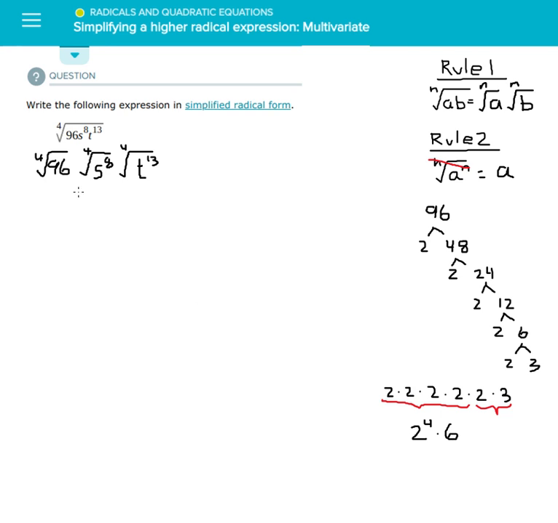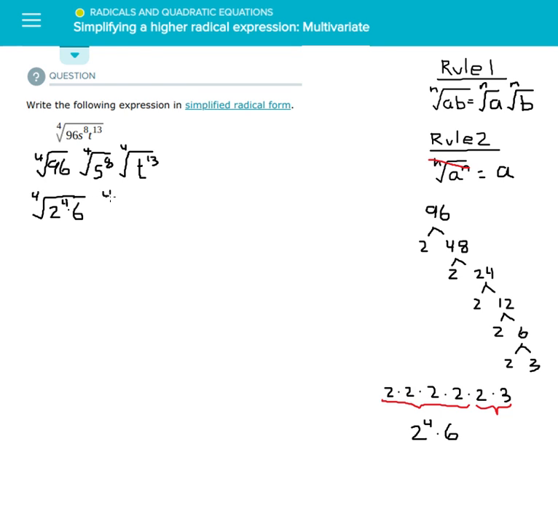Now this 2 to the 4 is really nice because we can rewrite 96 in this new way. Instead of writing 96, we're going to write it in its factors as 2 to the 4th times 6. And then we'll be able to do rule 2 in just a little bit and save this 2.